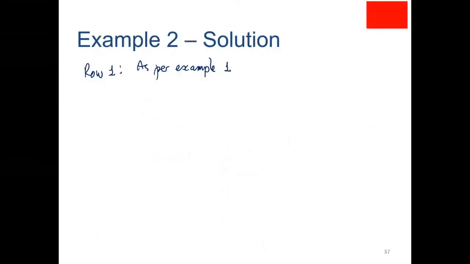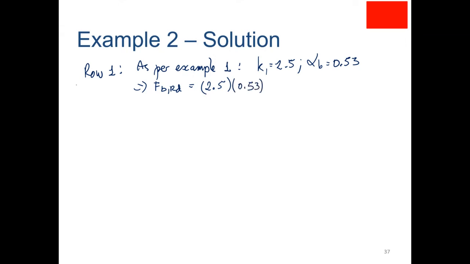Okay, so as per example 1, we said that we have k1 equal to 2.5, and alpha b equal to 0.53. So that implies that F_b,Rd, the bearing resistance of that one, is k1, which is 2.5, times alpha b, which is 0.53, times the ultimate strength of the plate, 470, times the bolt diameter 20, times the plate thickness, in this case 12, not 10, because last time it was 10 millimeters thick.